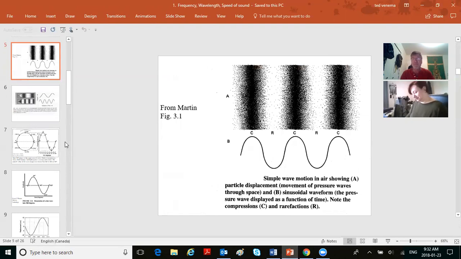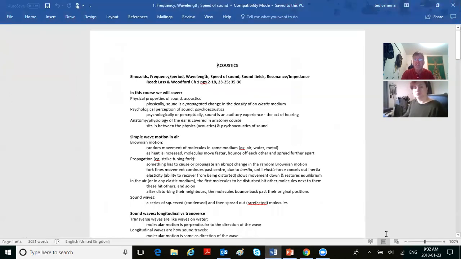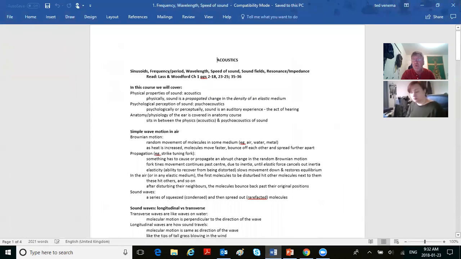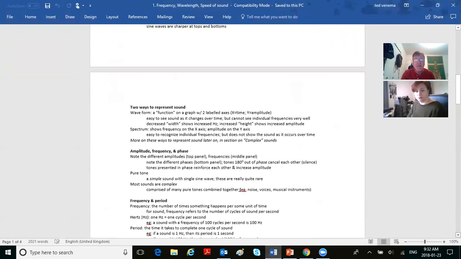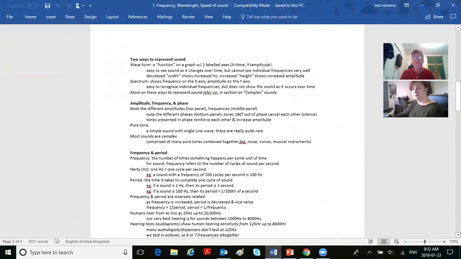Just next. All right. When we look at the top of page 2 in the notes, if I can find my darn cursor here. Okay, let's move down to page 2 in the notes. There we go. Two ways to represent sound. Now, we've talked about sound waves. That's one way to represent sound, and that's the most basic way to represent sound.